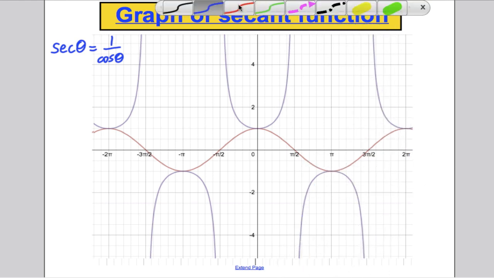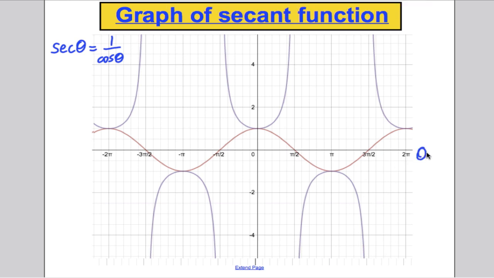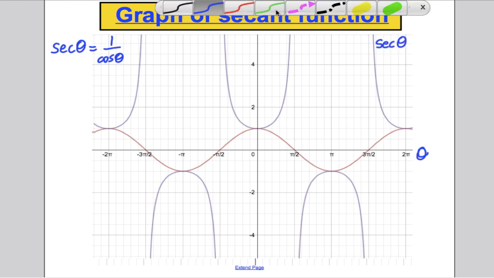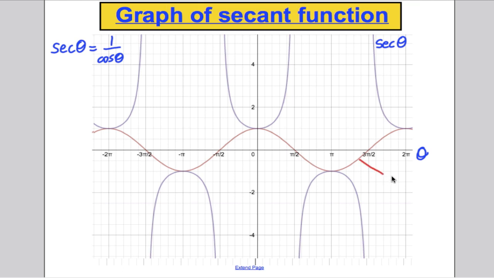That still is theta here. And here, this graph is the sec theta graph. And the graph we originally had here was the cos theta graph. So that's exactly how the graph looks.